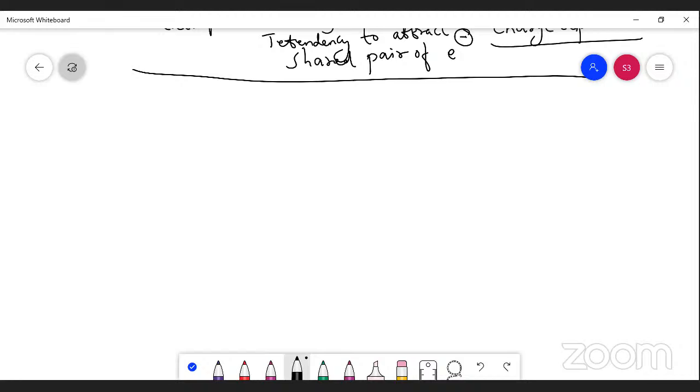We are going to discuss the chemical properties based on 4 types. One is nucleophilic substitution. Second, elimination reaction.